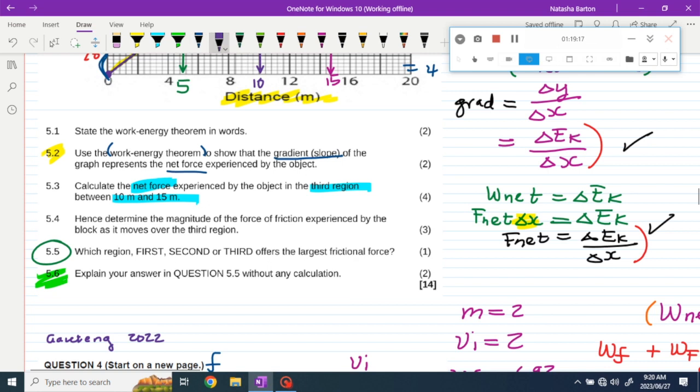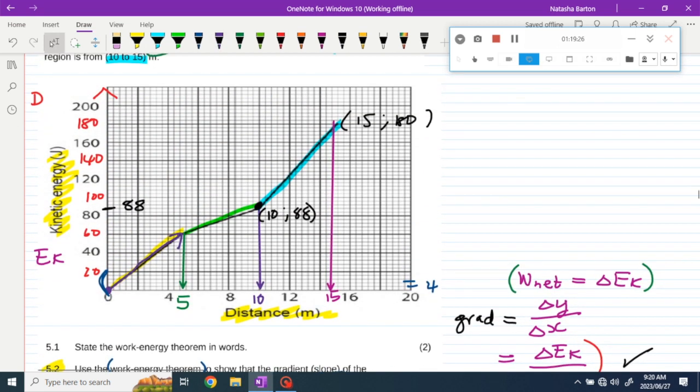They ask, which region offers the largest frictional force? All that we can see from these different regions is the gradients of the graphs. And what did we say the gradients represent? The net force.